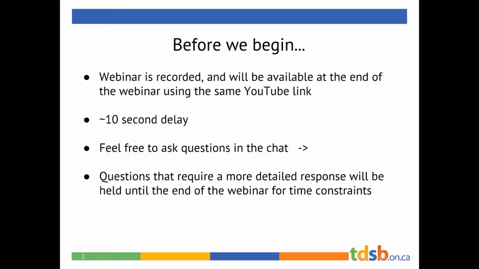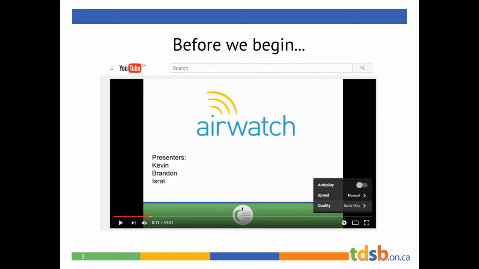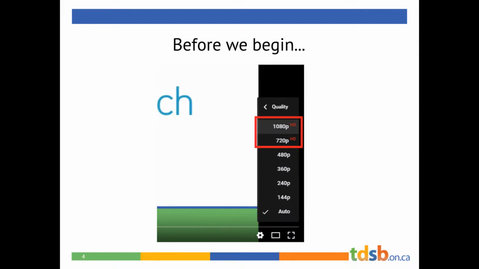We're also going to go over the quality before we begin. If you're noticing that the quality might be a little bit low, or it's not quite clear, or the font isn't quite readable, you can adjust the quality settings in the bottom right-hand corner by hovering your mouse over the YouTube video and clicking the little gear icon. You'll see there's a quality tab there, where you can expand it to something higher, like 1080p or 720p.